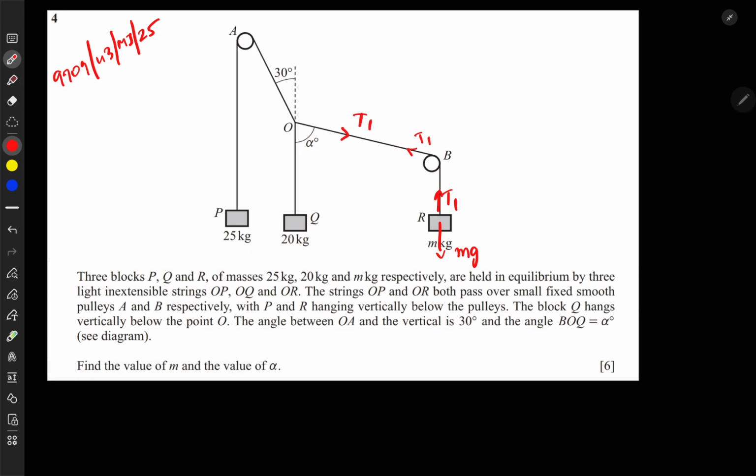For Q, we have 200 newtons, and in turn one tension force here, T2, and its reaction also T2. Similarly here I will have 250 newtons and tension T3, and in reaction to that I'll have T3 here.